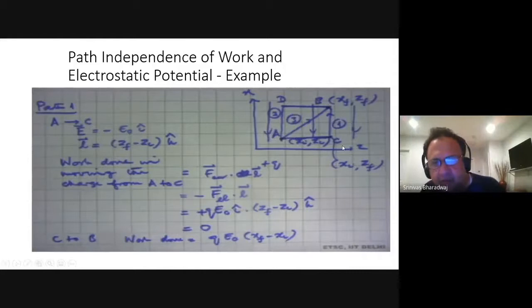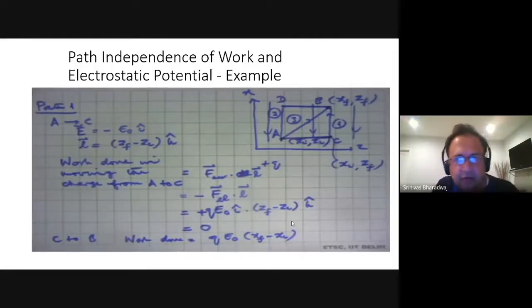That is, the amount of work it takes to go from A to D by going from A to B to D, or A to C to B to D, you end up with exactly the same amount of work. Regardless of the path you take, you will end up with the same amount of work to go from A to D.